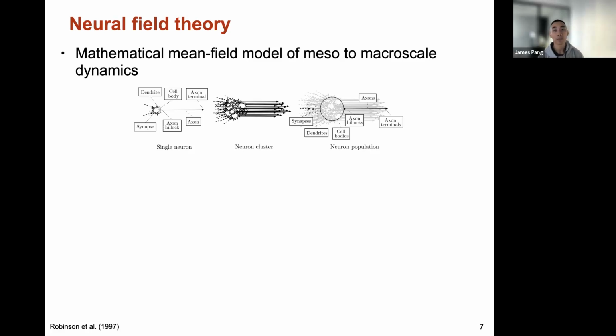Basically, neural field theory investigates the activity of populations of neurons as a whole.